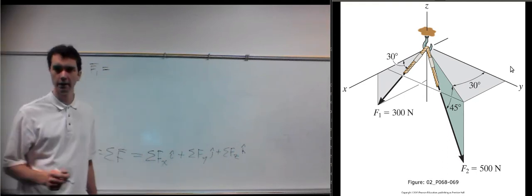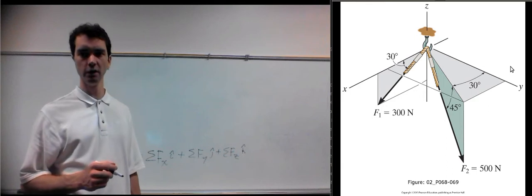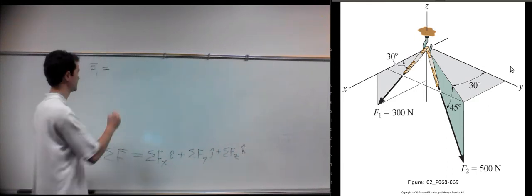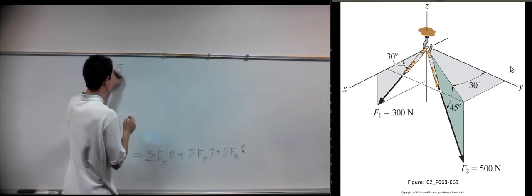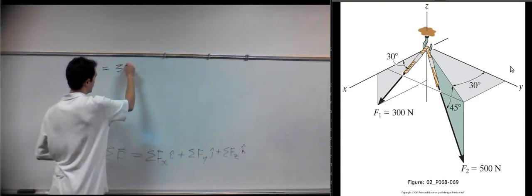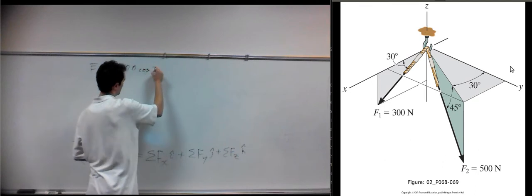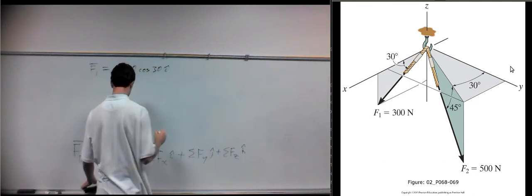So F1 is, the x component is 300 times cosine of 30, that's in the i direction.